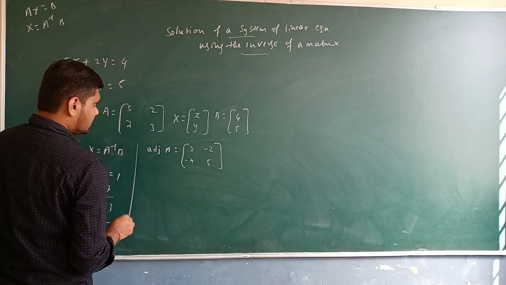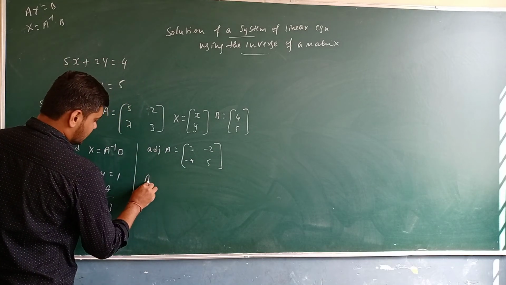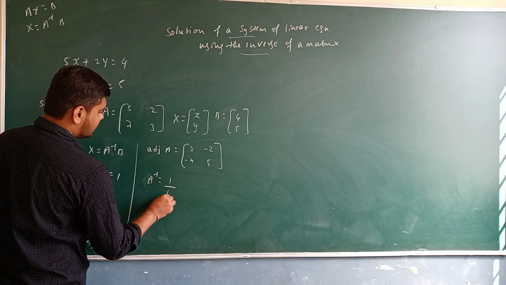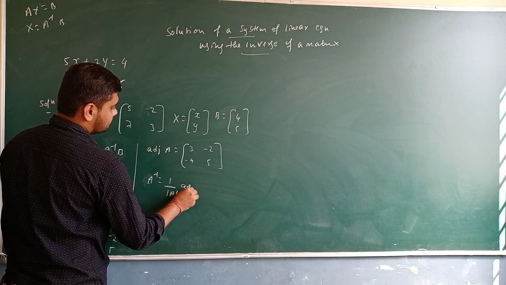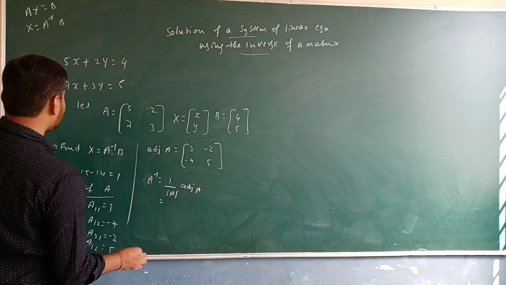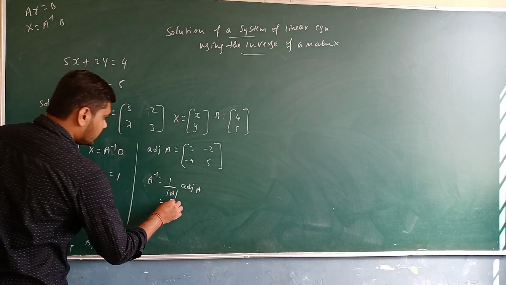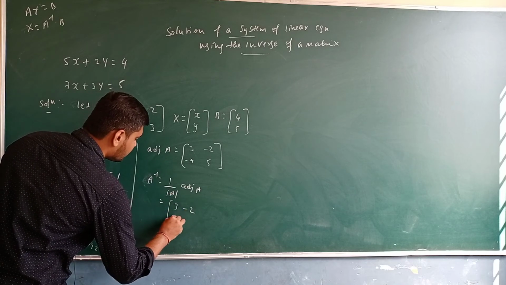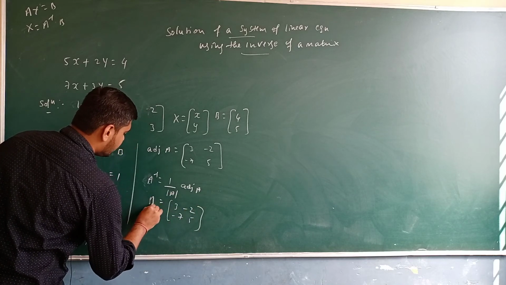Then a inverse is equal to 1 divided by determinant of a into adjoint of a. What is the determinant of a here? 1. So 1 into adjoint of a is nothing but adjoint of a. We can write this 3 minus 2 minus 7 5 as a inverse.